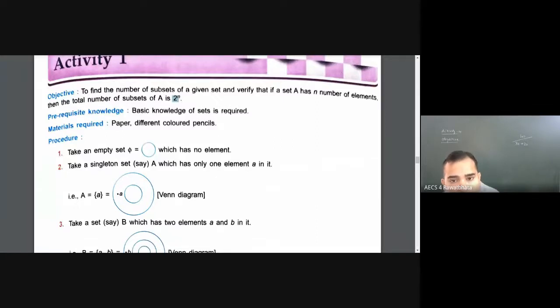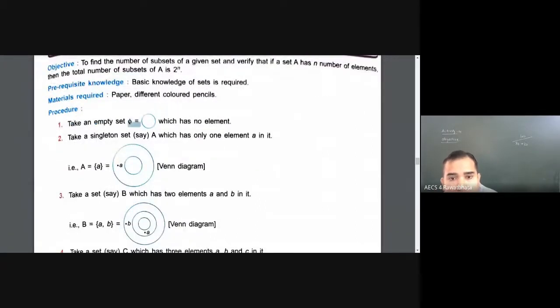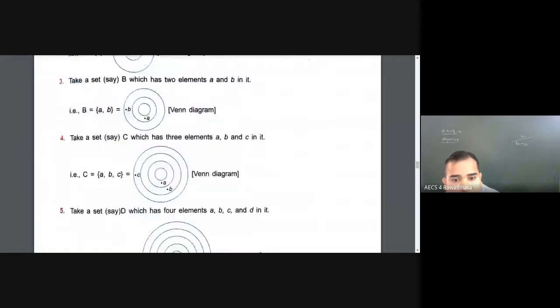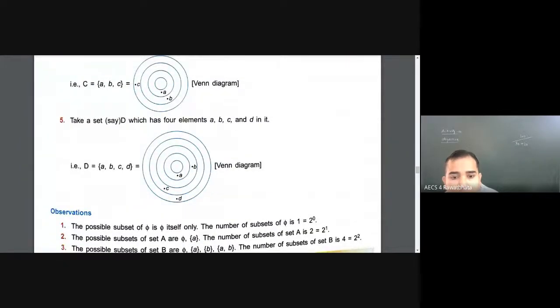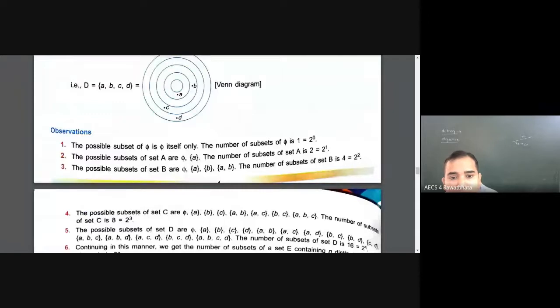So put n equal to 0 for phi. 2 raised to power 0 means 1. It means that for phi, if capital A equal to phi, its subset will be 1. Then the second observation, set A, which was containing only one element A. So this has two subsets, phi and set A, right?